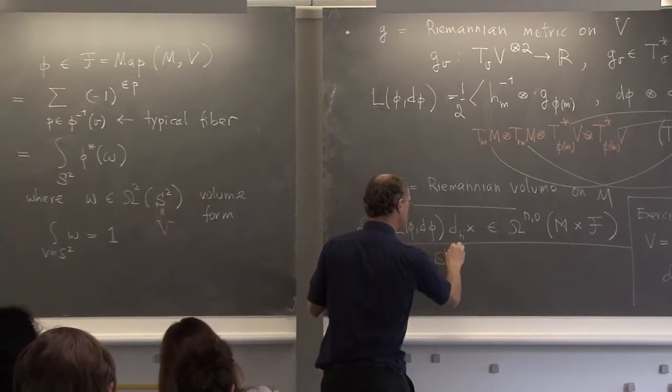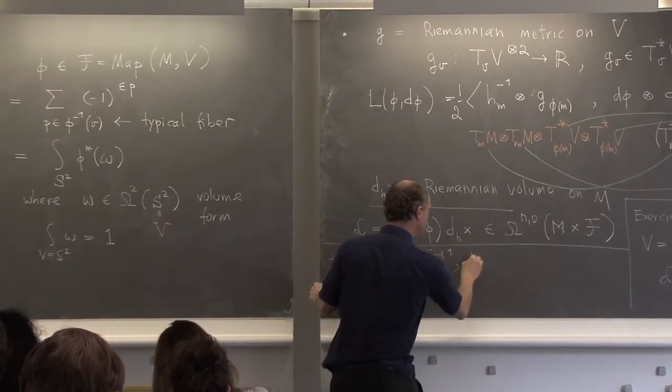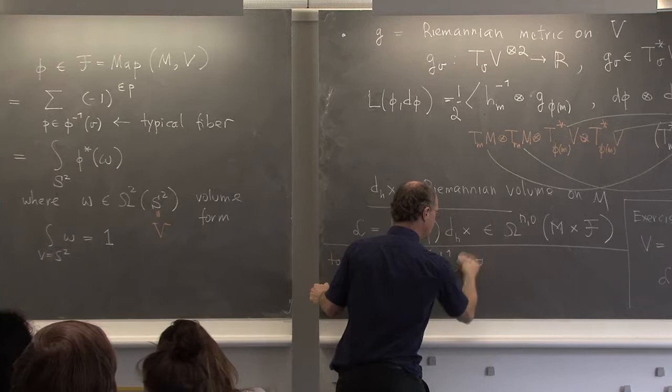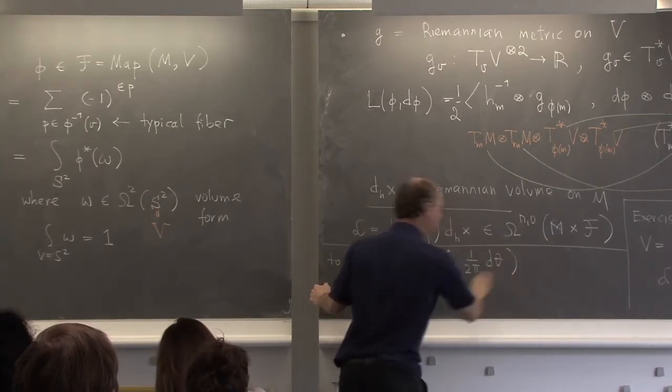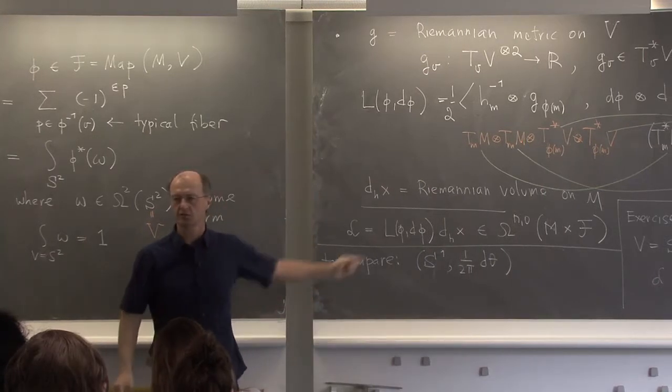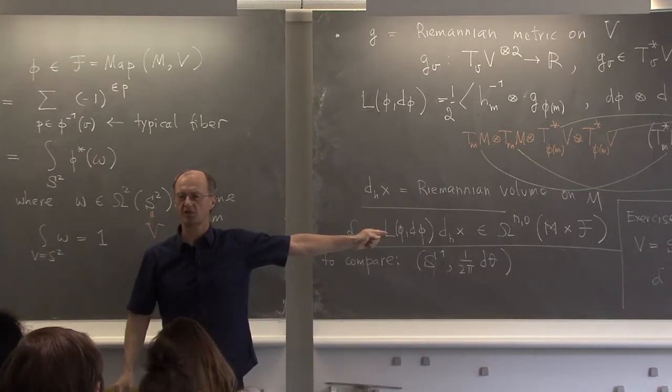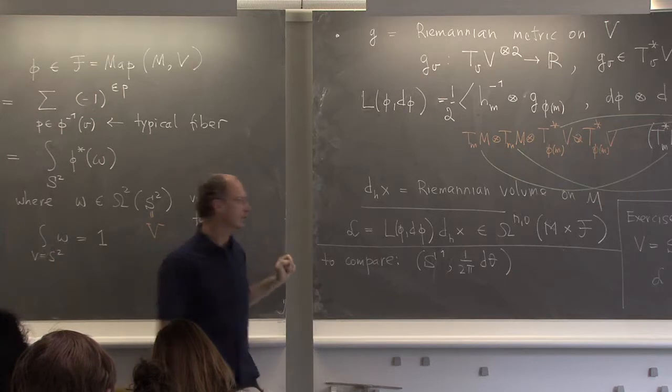we took S1, and on S1 we can take the volume form 1 over 2 pi d theta. So this volume form is normalized such that the integral is equal to 1.